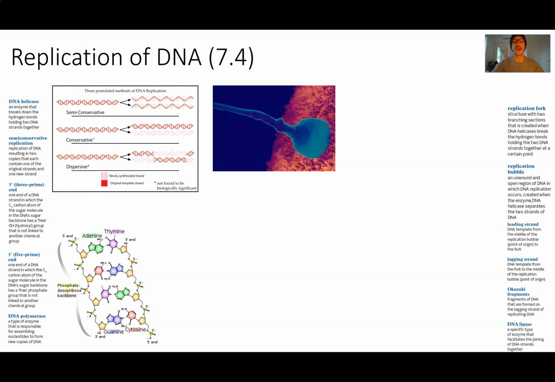The way in which they are running in opposite directions is chemically. And it comes back to this sugar. You can read a little more about that in the textbook. This idea of the backbone DNA running in opposite directions, anti-parallel, is important in the process of replication, as we are about to soon see.